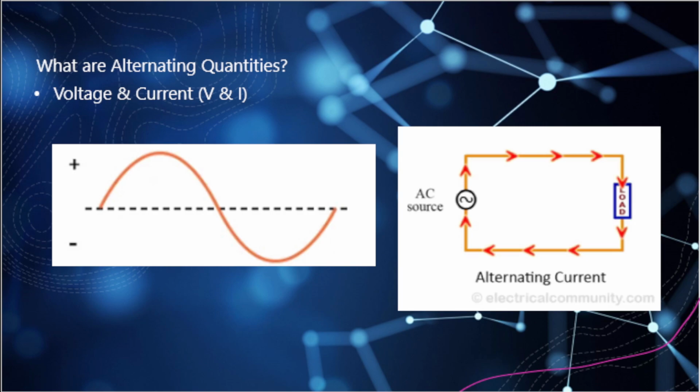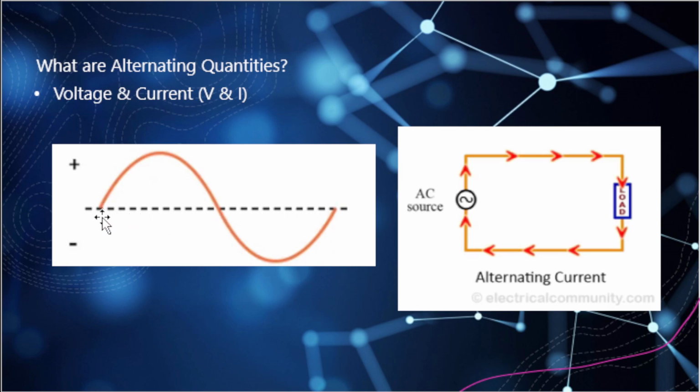The magnitude of these alternating quantities changes continuously with time, and the direction also varies or changes after a definite time period. As you can see on these pictures here, this is representative of, say, an AC voltage, whereas this bottom line could be representative of a DC voltage or an absolute zero.